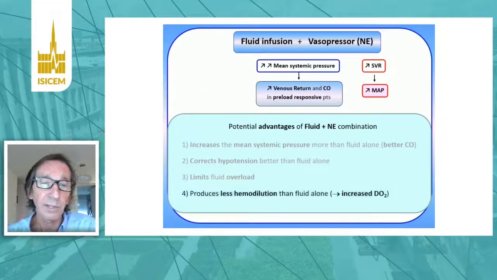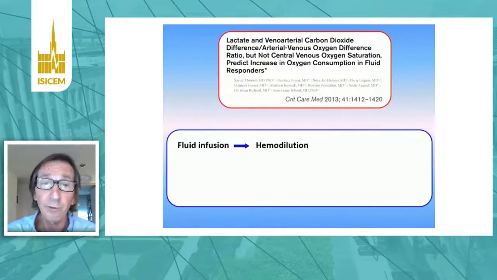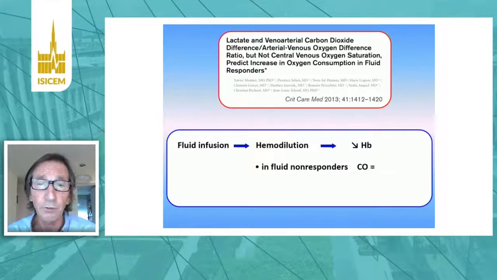The fourth advantage is to produce less hemodilution than fluid alone, and this can result in a better oxygen delivery. We know that fluid infusion can create hemodilution, can reduce hemoglobin concentration, as we showed in this study published some years ago with Xavier Monnet and co-workers in our institution. Therefore, in fluid non-responders, where cardiac output does not change, we could have a decrease in oxygen delivery.